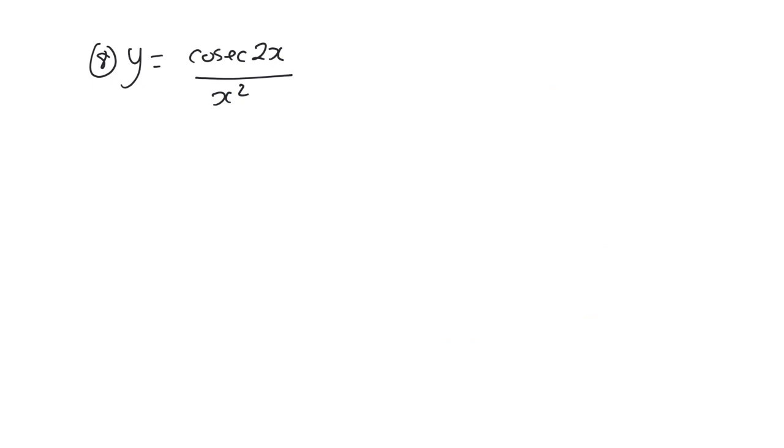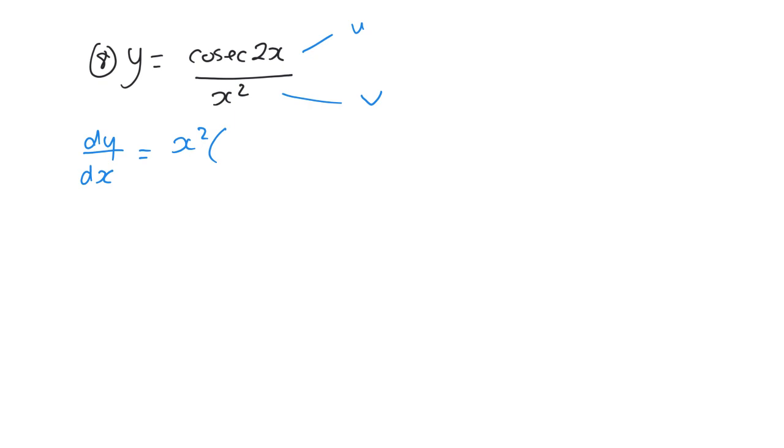Number 8, y equals cosec 2x over x squared. So this is quotient. So we use our quotient rule. So dy by dx is going to be x squared times differential of cosec 2x. So the differential of cosec x is minus cosec x cot x.